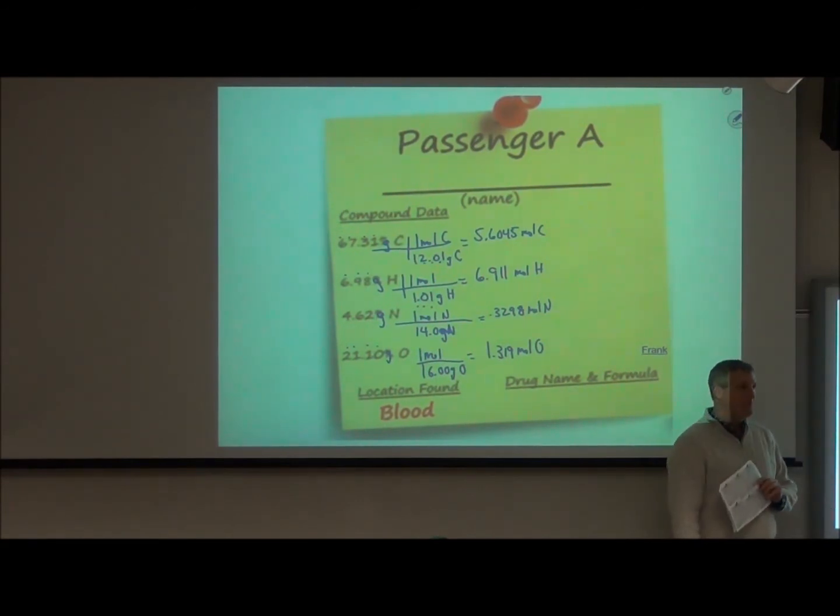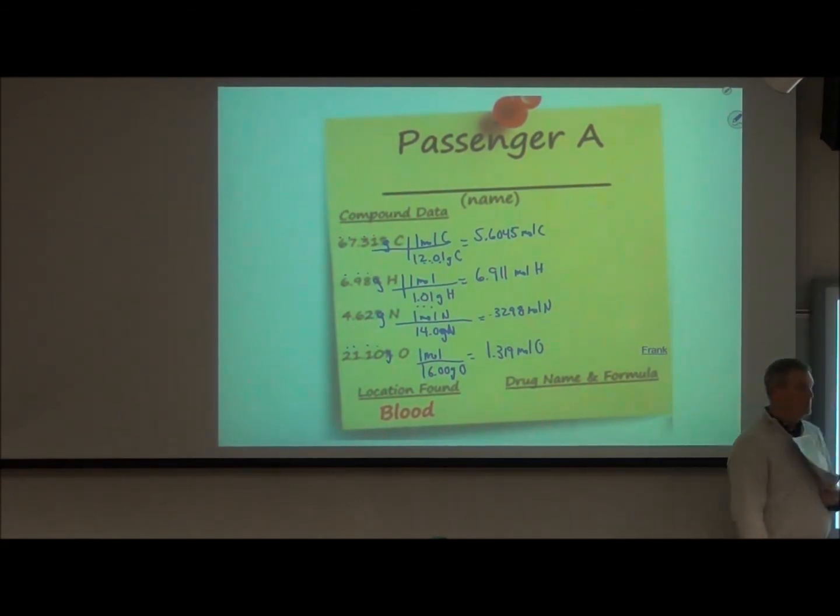So we've got our moles for each element. Identify what our smallest is, and divide everything by the smallest.